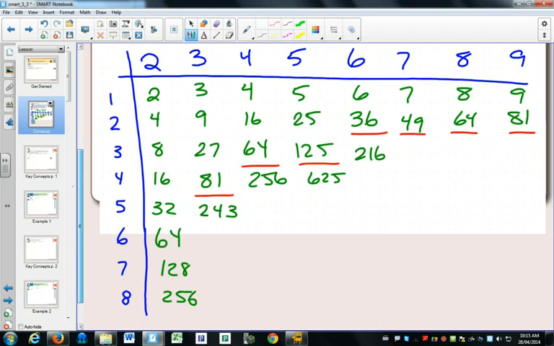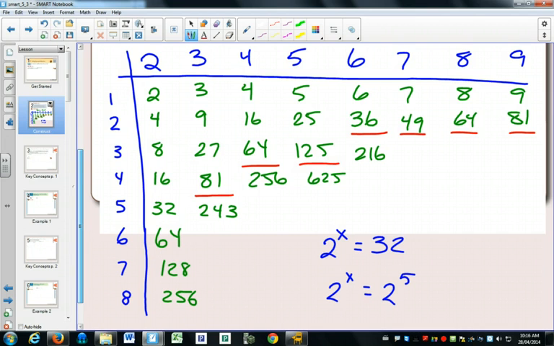Just like the question above in the construct the understanding, when we had 2 to the x equals 32, you may have been guessing and checking till you found one that worked, but now if we have our powers chart, we can say, oh, 32 is a power of 2, and I can write it as 2 to the 5.